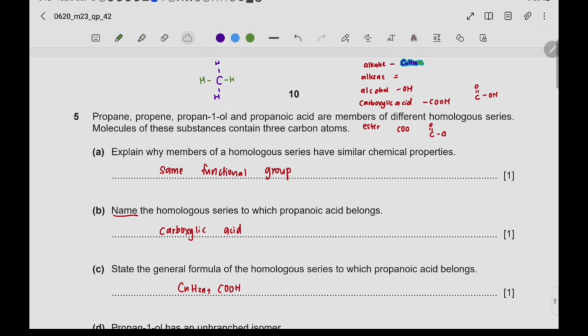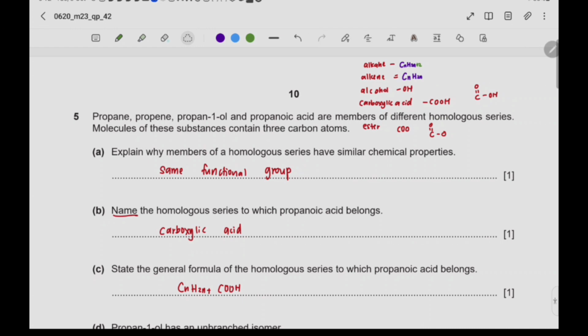And alkene, how? Alkene cannot be 1 carbon, so alkene usually is 2. With 2 carbons, 2 hydrogens, can you see? So it means 1 carbon, 2 hydrogens, and there's nothing more at the side. So always for 1 carbon there will be 2 hydrogens. Alkane cannot be alone, but still the general formula is CnH2n only.